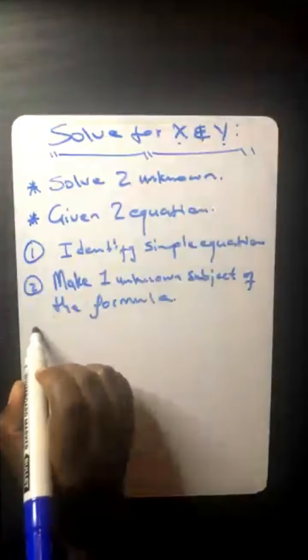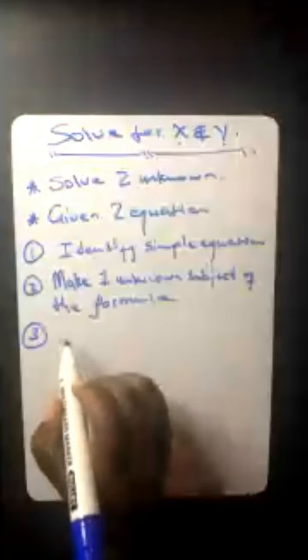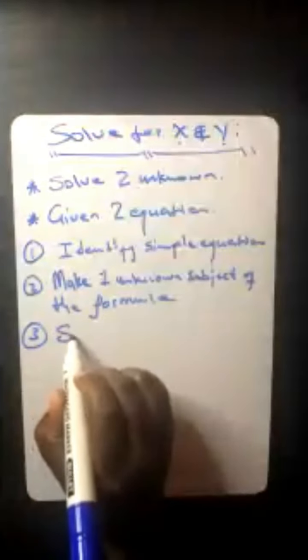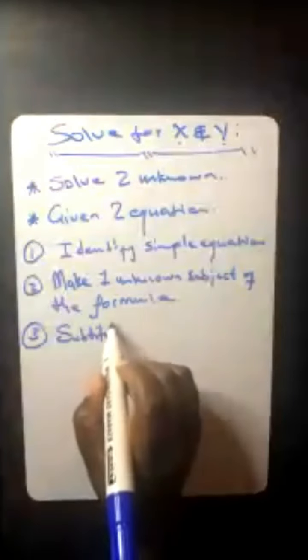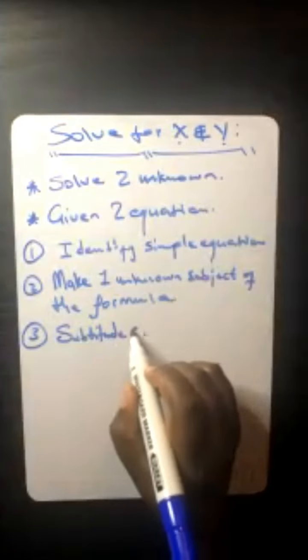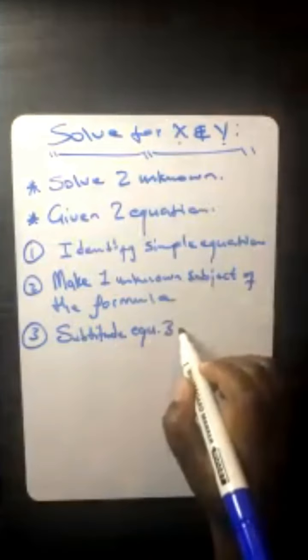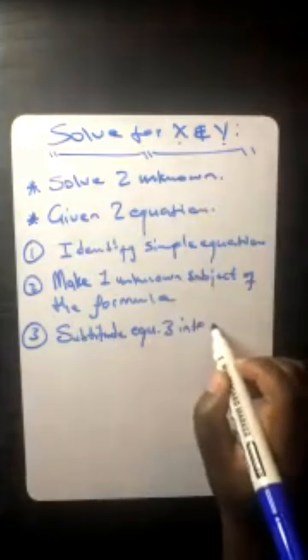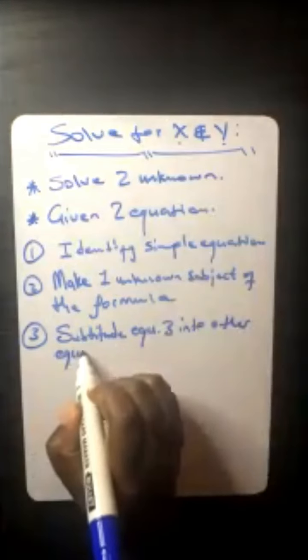So number 3. After you've made one unknown the subject of the formula, you substitute, let's say, equation number 3 into the other equation.